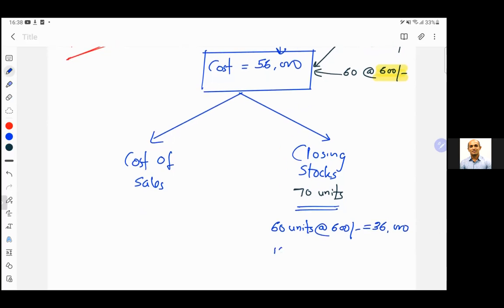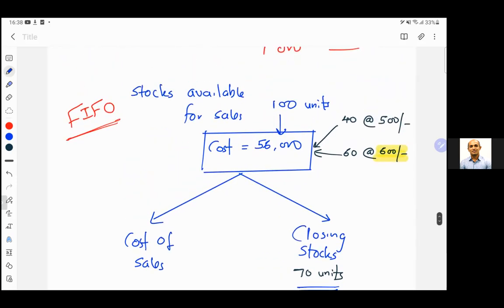Then the balance 10 units, because the closing stock is 70 units, you can value at the previous price.